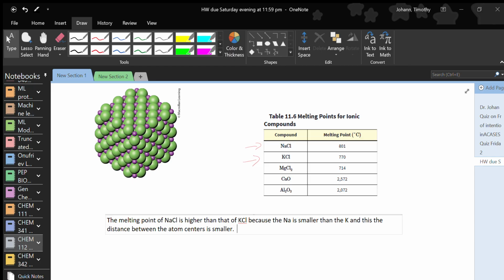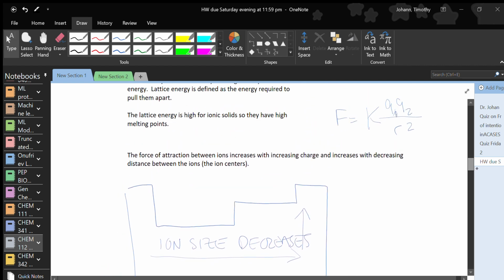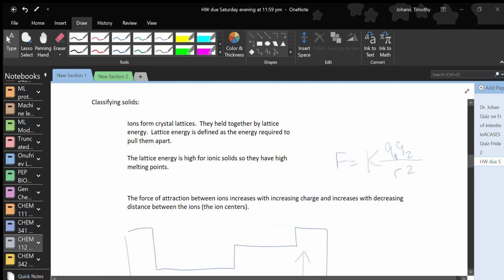Okay, so when we think about Coulomb's law here, this is smaller, right? So force is bigger. So the melting point is higher.